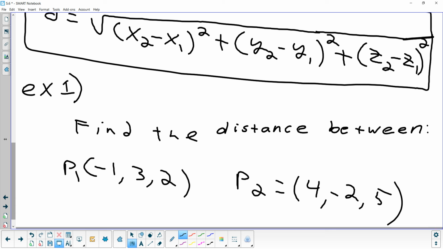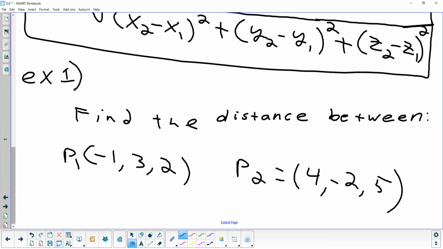Now, I called that a coordinate. It's still called a coordinate. If you want to be more specific, you could call it an ordered triple. When we talk about 2D, you have an ordered pair. Well, in 3D, the coordinate is called an ordered triple. A coordinate is just kind of a general name that describes location in any dimension.